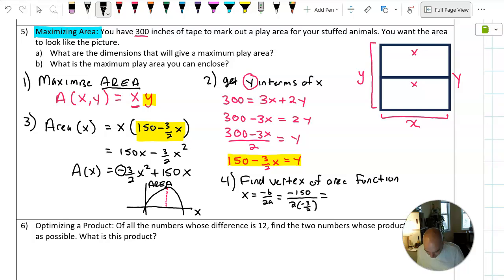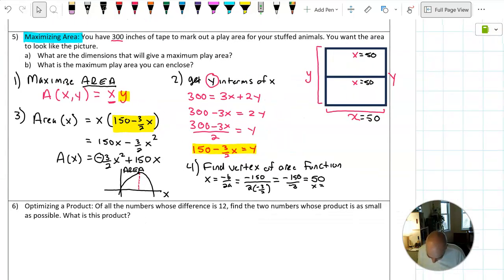This is a situation where we could use a calculator, or we could do a complex fraction, but these 2's are going to cancel out, and so it's going to be negative 150 over negative 3, and that's the same as 50. So when x equals 50, the area will be maximized. So we'll have 50, 50, 50.